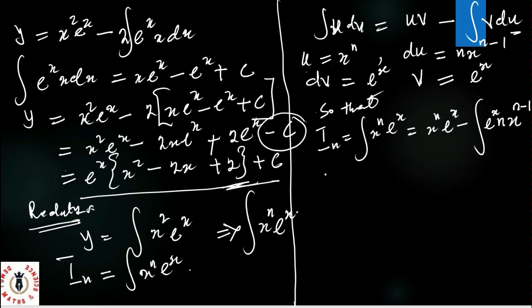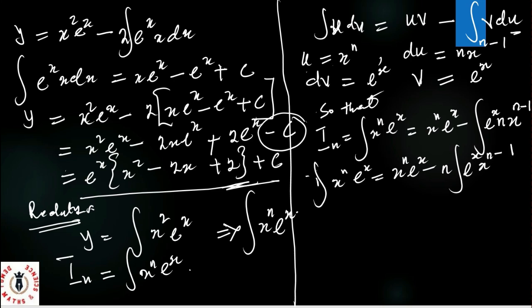Let's write that properly. So that x raised to power n e raised to power x is the same thing as x raised to power n e raised to power x minus n, I'm bringing n out, into e raised to power x of x raised to power n minus 1.